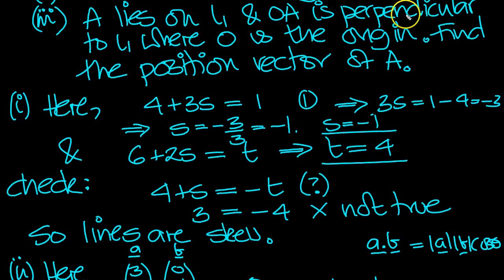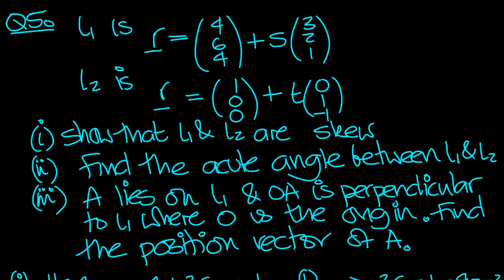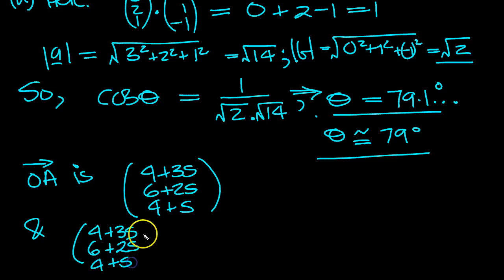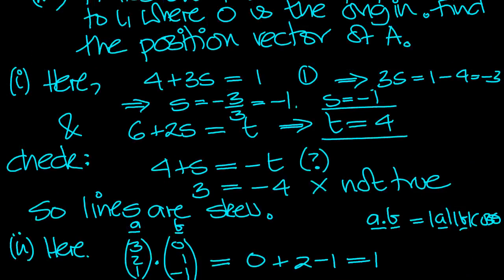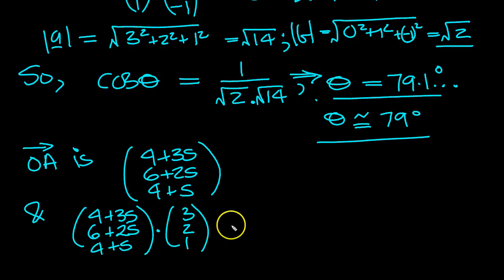So let's go on to the next one. OA is perpendicular to L1, so OA dot 3, 2, 1 is perpendicular. OA, which is 4 plus 3s, 6 plus 2s and 4 plus s, is perpendicular to the 3, 2, 1 of line L1. That was the next piece of information. The cosine of the angle is cos 90, which is 0.